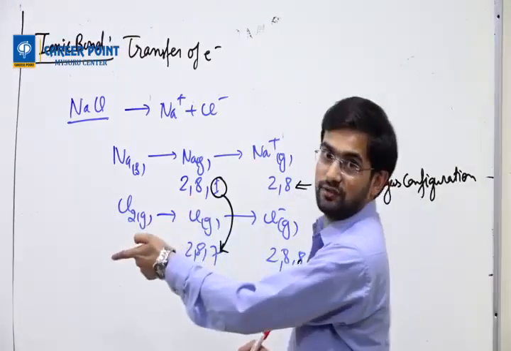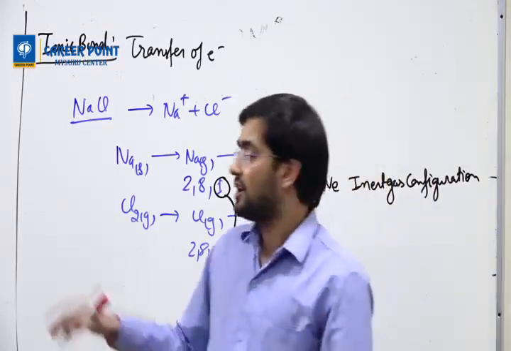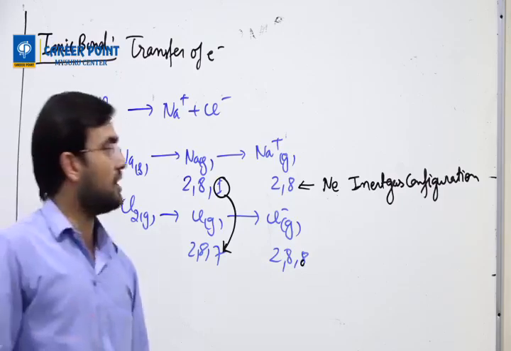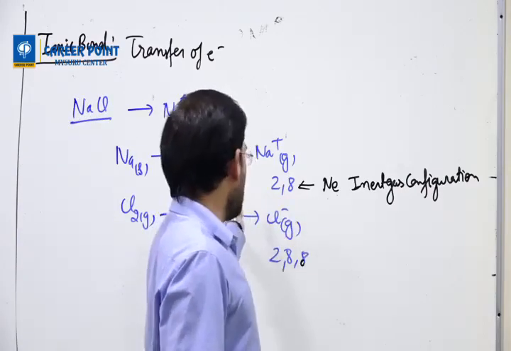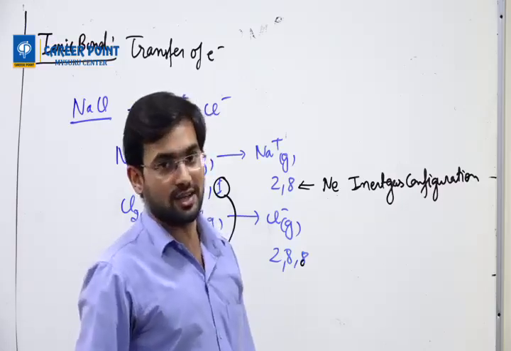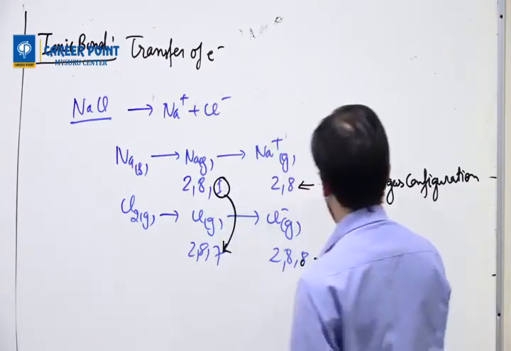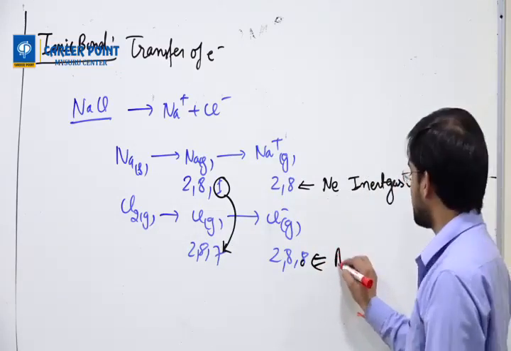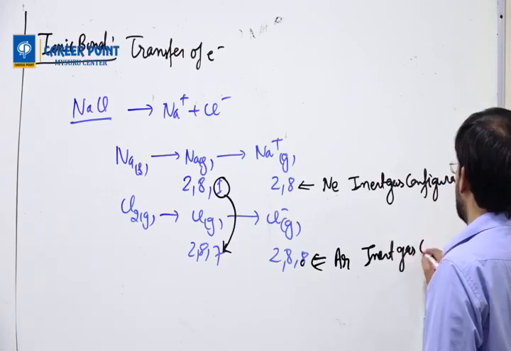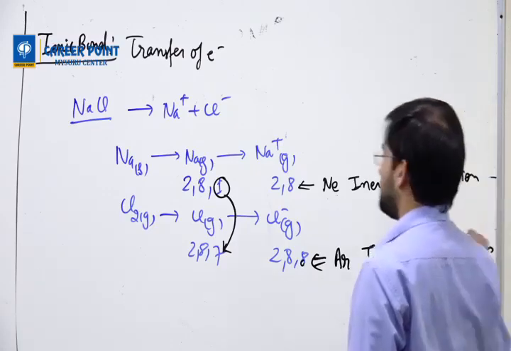Because inert gas configuration is a very stable configuration, they want to gain stability. In order to gain stability, sodium donates one electron and becomes neon inert gas configuration. So because of increasing stability, this process happens automatically, and this reaches argon inert gas configuration.